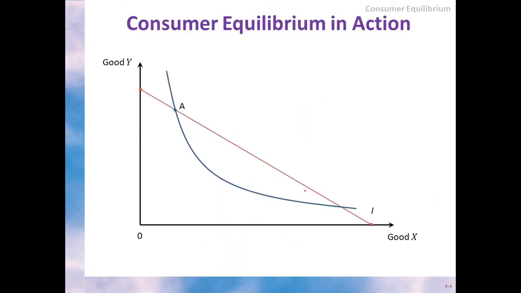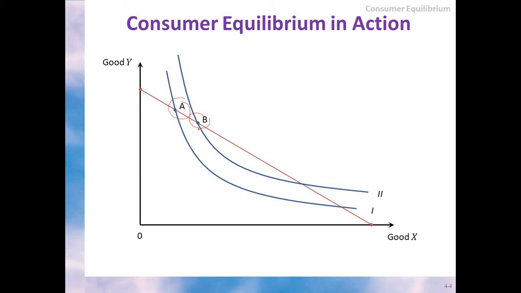If you look into this diagram, this is a point where the indifference curve and budget line intersect. This is our indifference curve and this is the budget line. But is this the consumer equilibrium point? Let's see. If we draw another indifference curve here, we have bundle B. Bundle B is also a point where the indifference curve and budget line intersect.